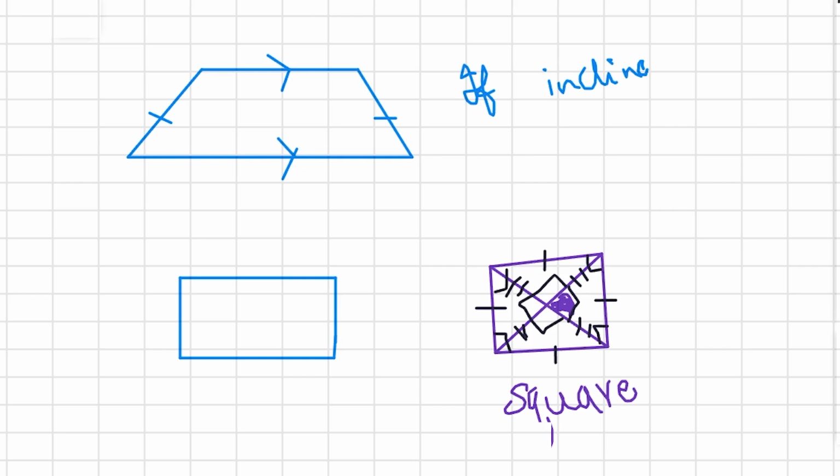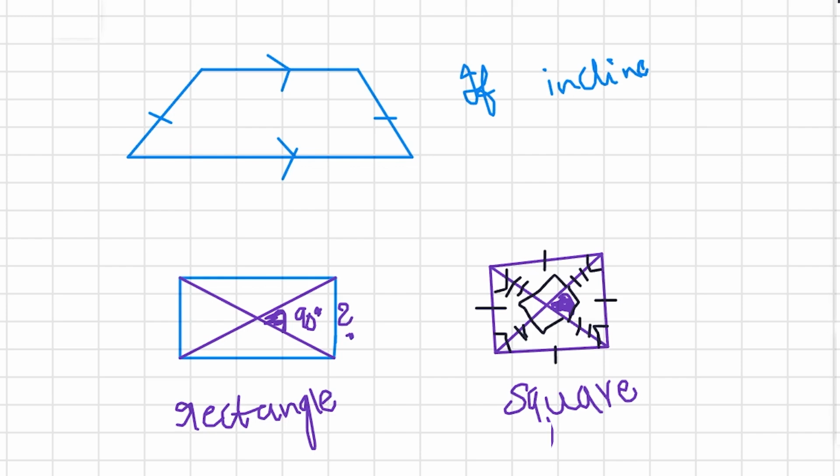Let's talk about rectangle. Diagonals of the rectangle. This is one diagonal and this is the other diagonal. If I ask you, is this angle 90 degrees? True or false?